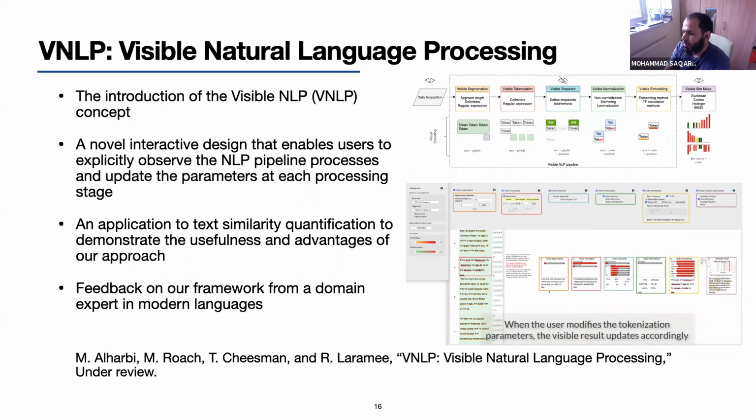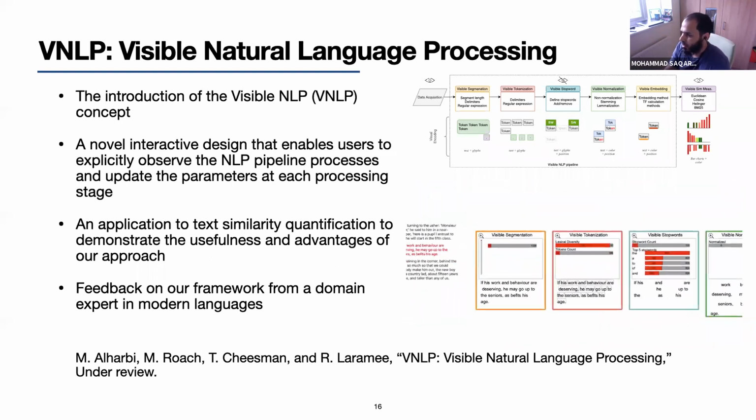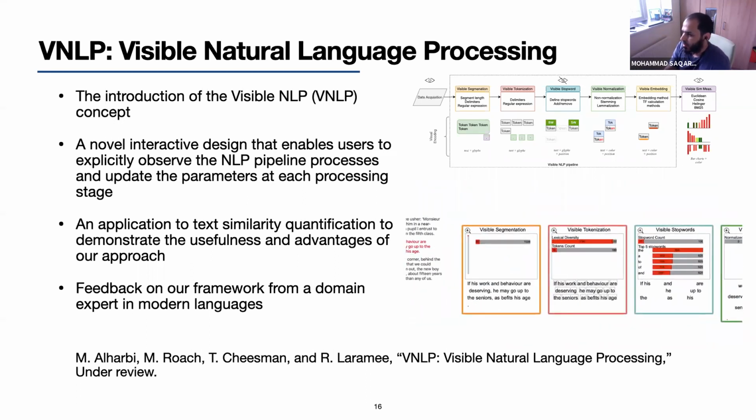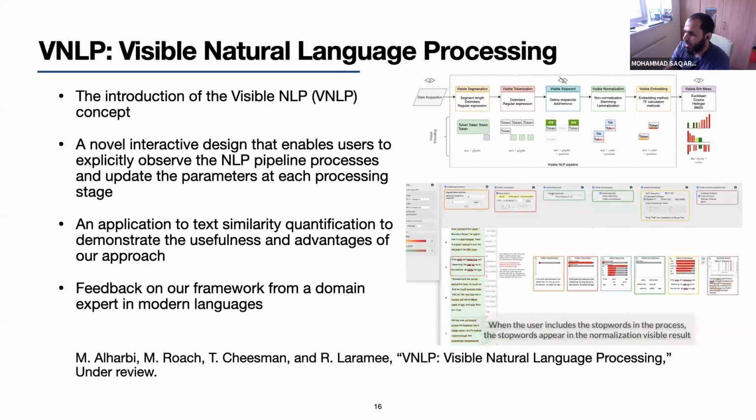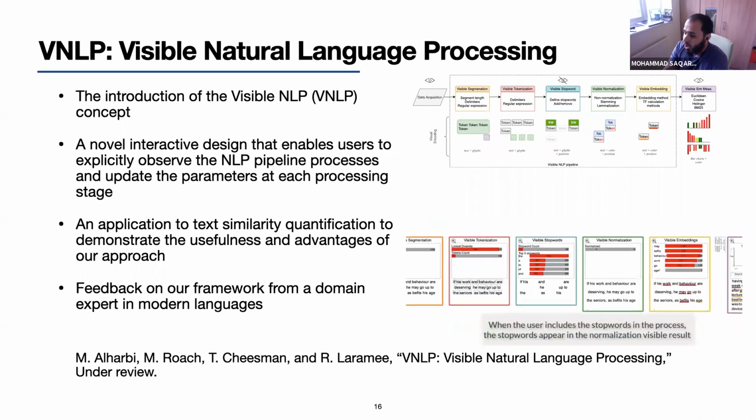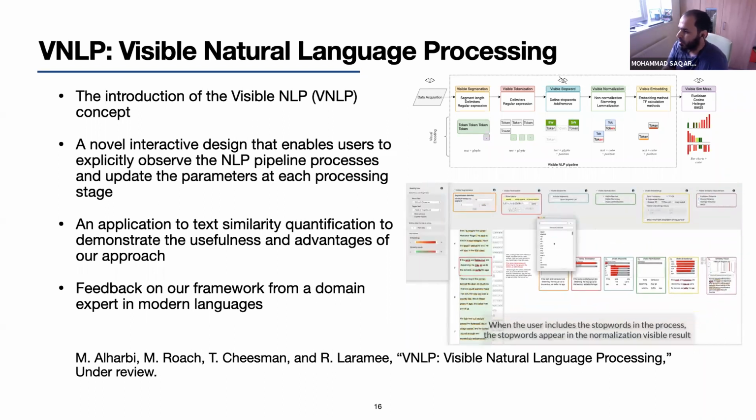We have also included an application to text similarities quantification to demonstrate the usefulness and advantages of this design. We evaluated this design through feedback from a domain expert in modern languages. Also, this application is now under review in the Information Visualization Journal.